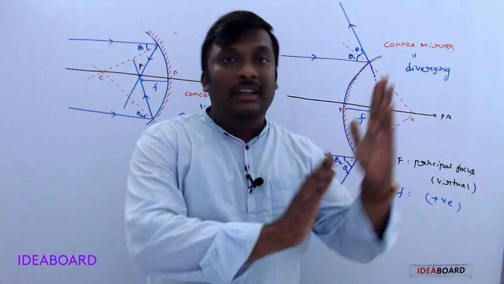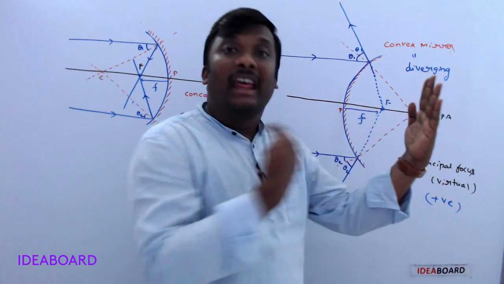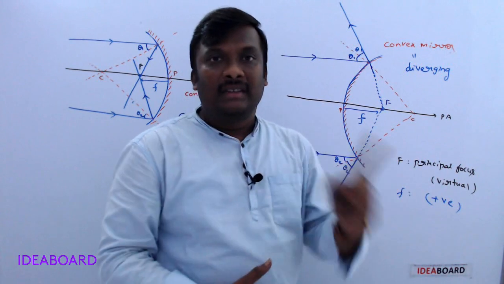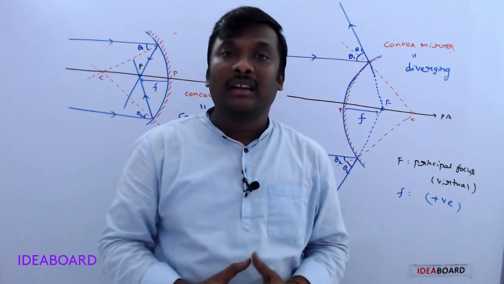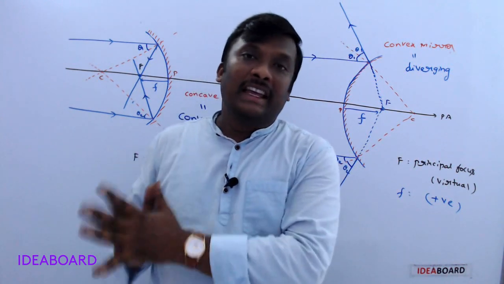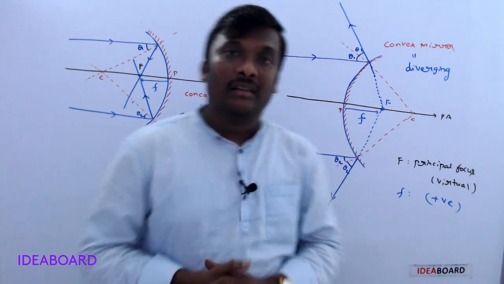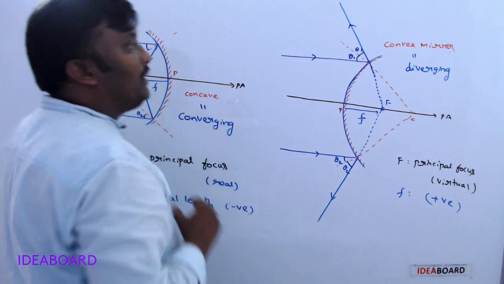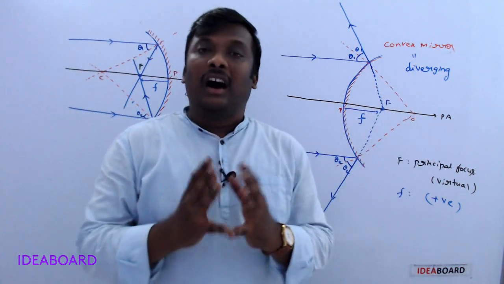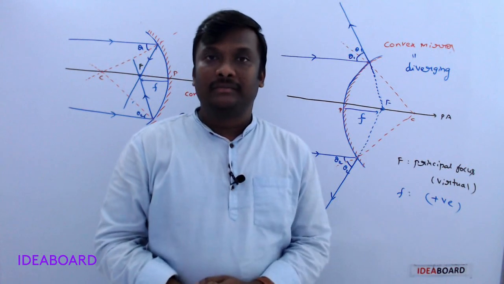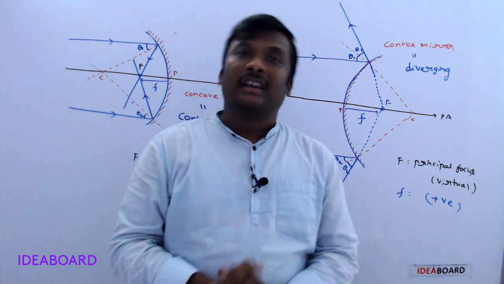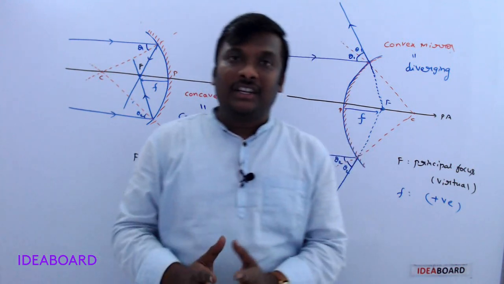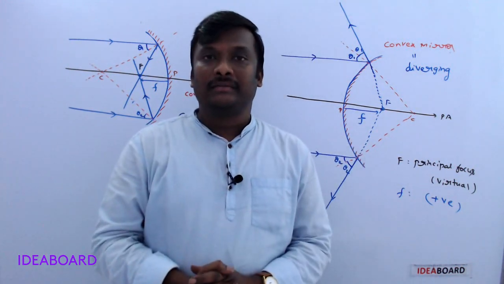A plane mirror always forms an erect image, the same size as the object. The size of the image in a plane mirror is similar to the size of the object, but the magnification of concave and convex mirrors is different from plane mirrors. We may discuss this in the next section.